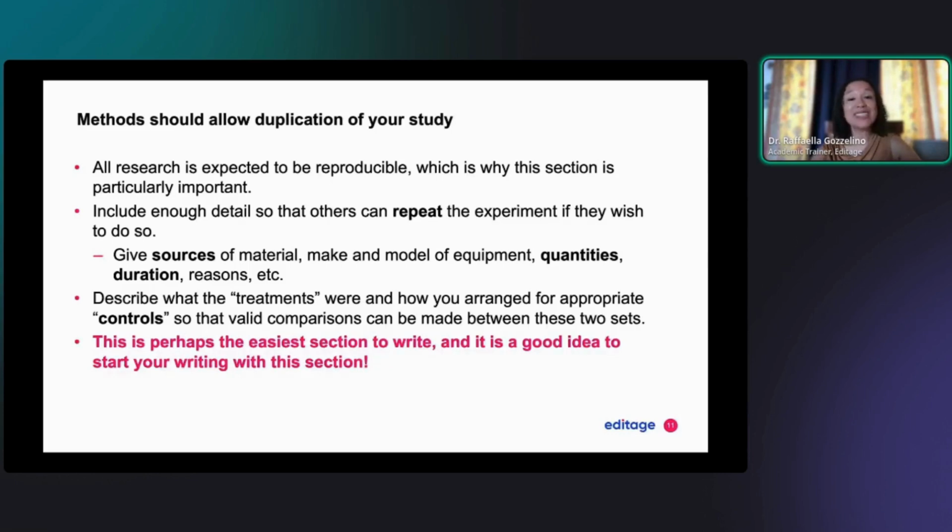So always give the source of material, make and model of the equipment, the quantities and the duration of each time course or dose response that you are performing, the reason for which sometimes you might want to inject animal models, if you are inducing diseases, at night rather than in the morning, etc. Describe all the treatments, how you did it, and how you arranged for appropriate controls to be used, and then refer to the results that you got.